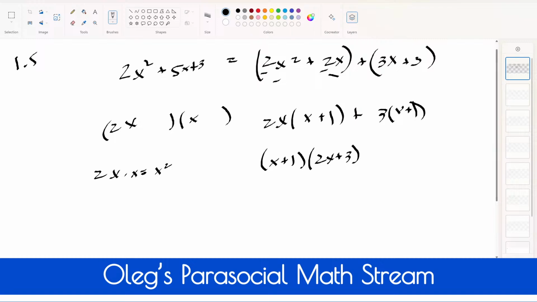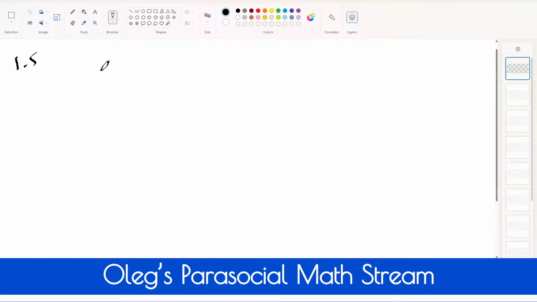To factor a trinomial of the form ax squared plus bx plus c by grouping, find two numbers with a product... So we're going to say P and Q. Find two numbers with the product of AC and the sum of B. Okay, I see.